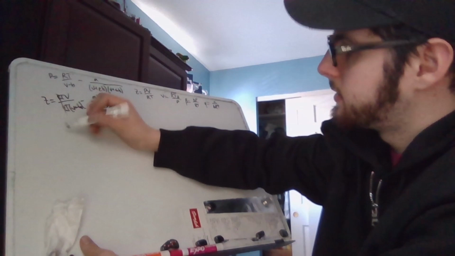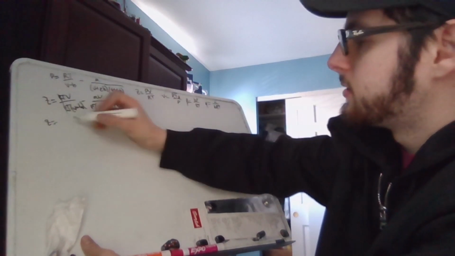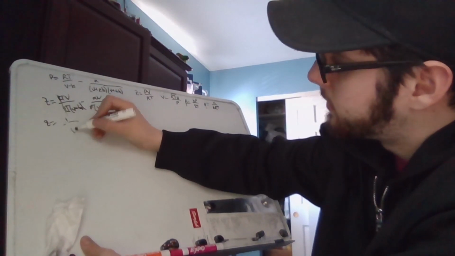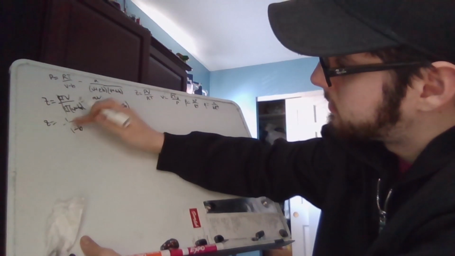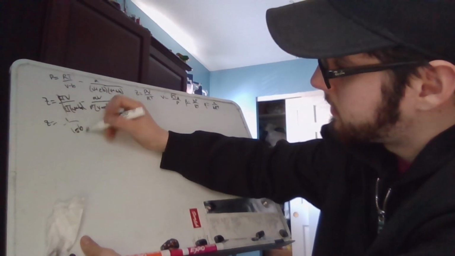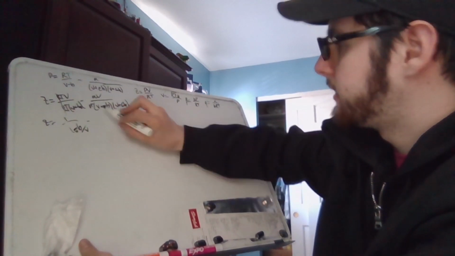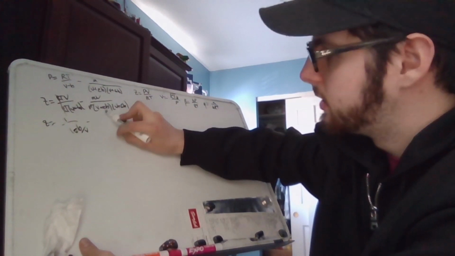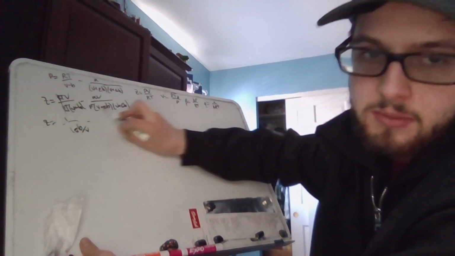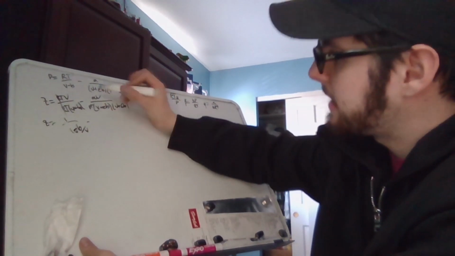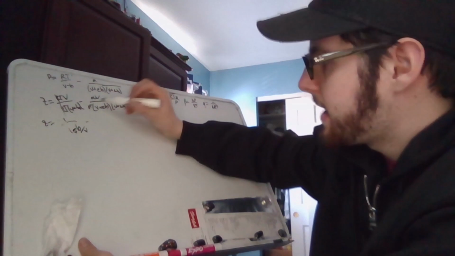So then Z is equal to 1 over 1 minus b over V, minus, and here we can actually take out 2. We're going to take out 1 from this, and another one from this, so it'll cancel out this V at the top and add another one down here.